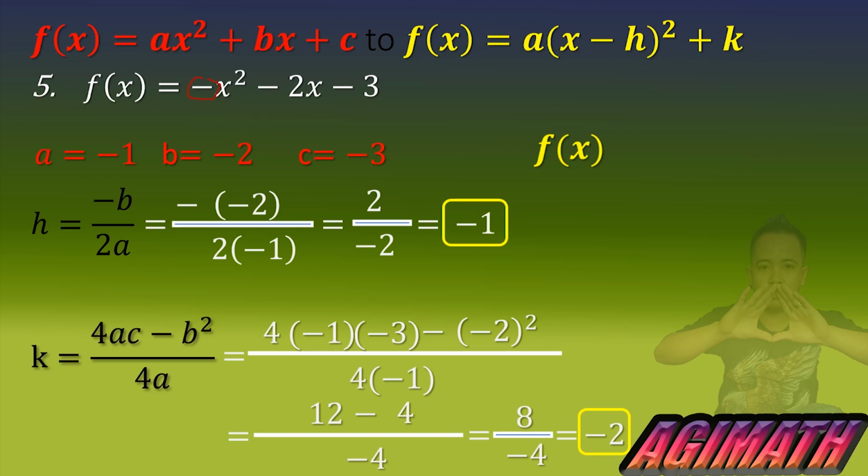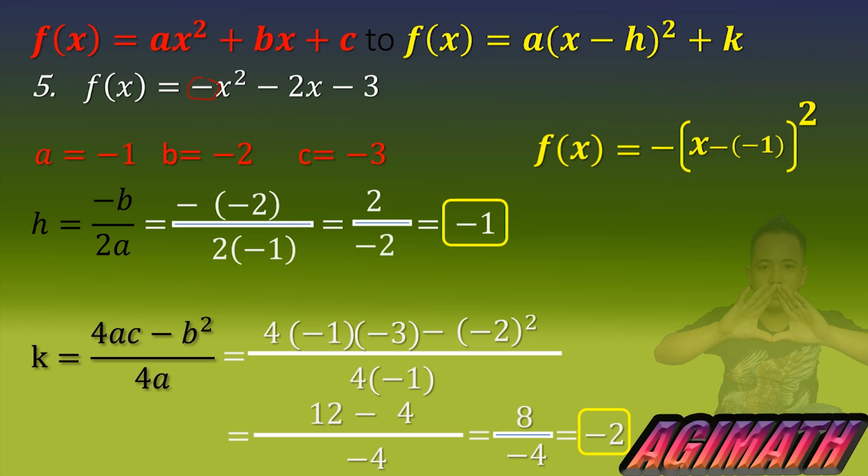Since we already have the value of h and k, we can now write this function in its standard form, following the form f of x equals a times the quantity x minus h squared plus k. Here a is negative 1. We don't need to write negative 1, just the negative sign, and that's okay. It's understood to be negative 1. Then the parenthesis and the square, inside it we write x minus h.